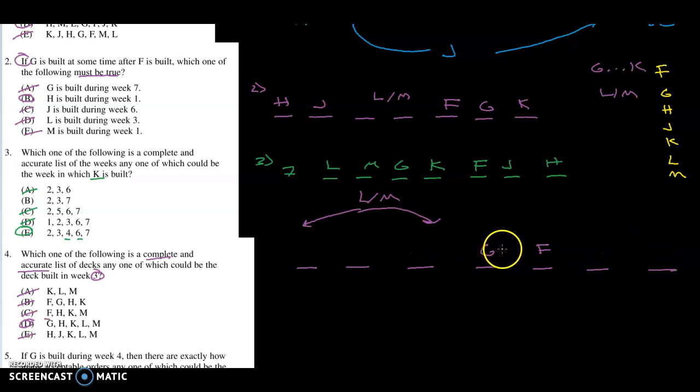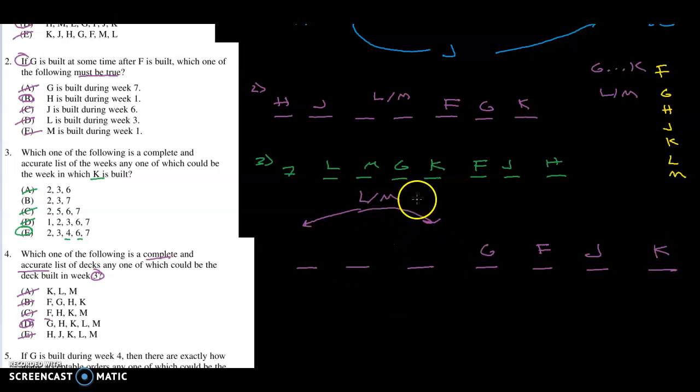So that tells me I'm going to have to put K here. Just think about this for a second, and I'm going to have to put J here. Because if I put J on 2, that's going to split up the LM block, right? They won't be right next to each other, right? If I put J right here, then I can't put L and M right next to each other. Okay, so this is what I must have.